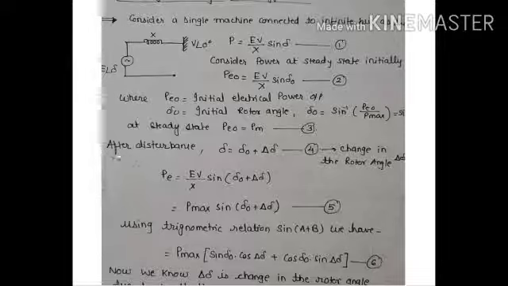Okay, so after the disturbance, how is this delta going to change? Very small. Therefore, I write delta is equal to the initial rotor angle delta 0 plus del delta. Del delta indicates a very small change in the rotor angle.